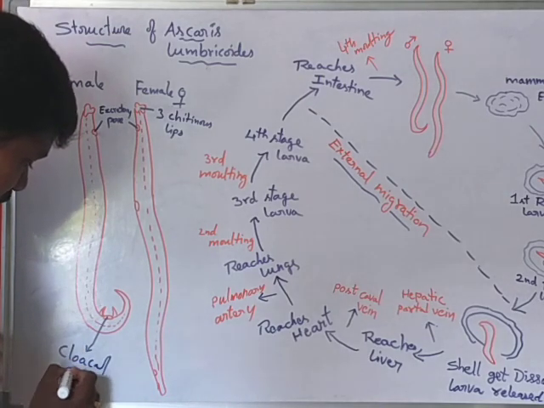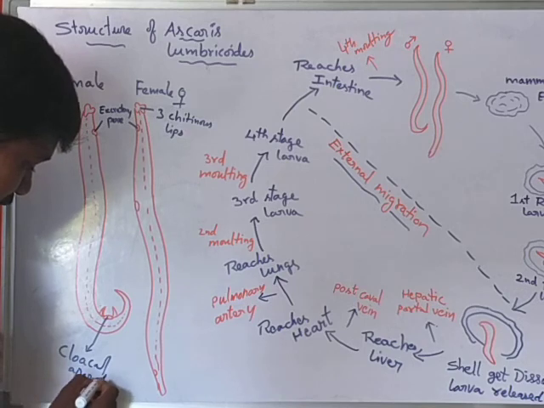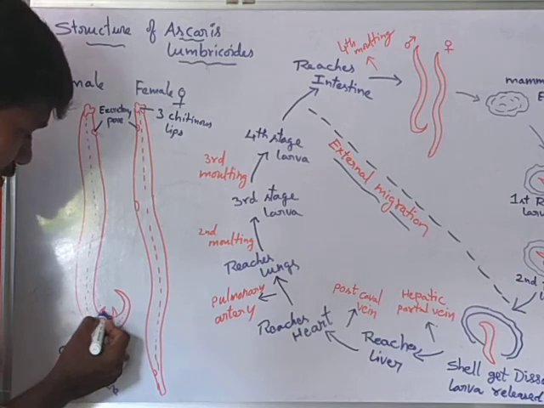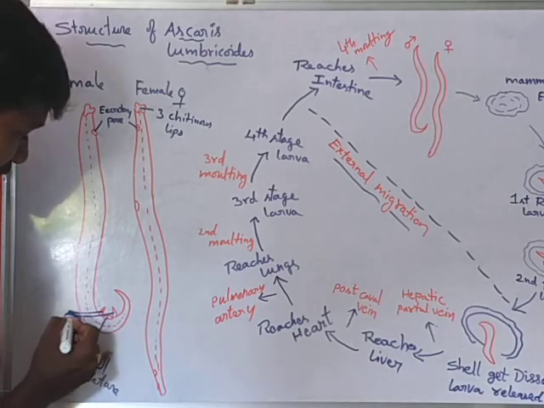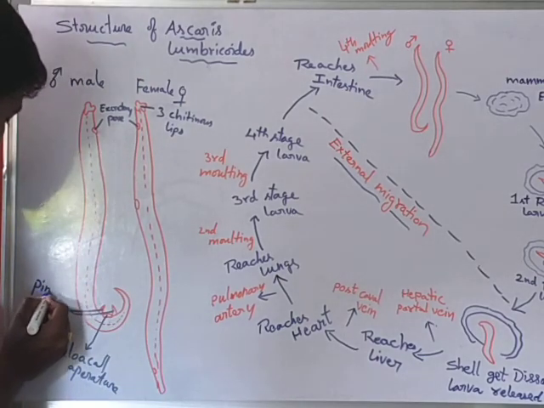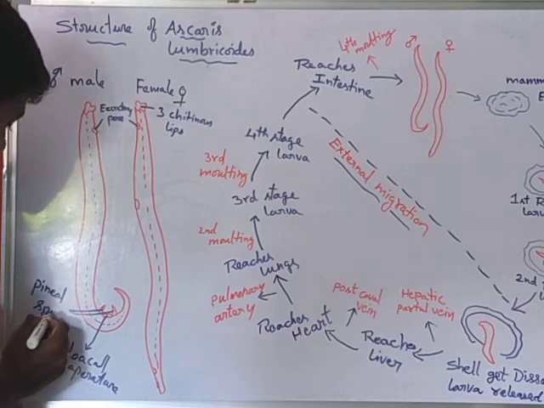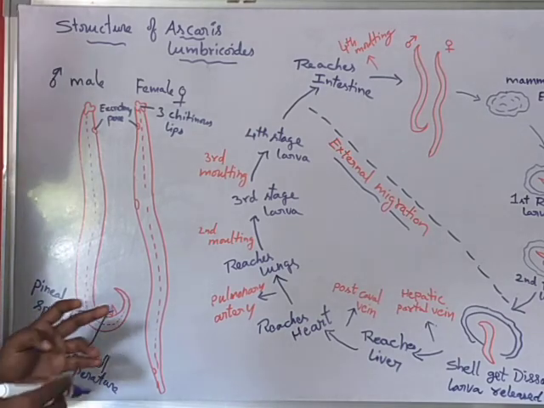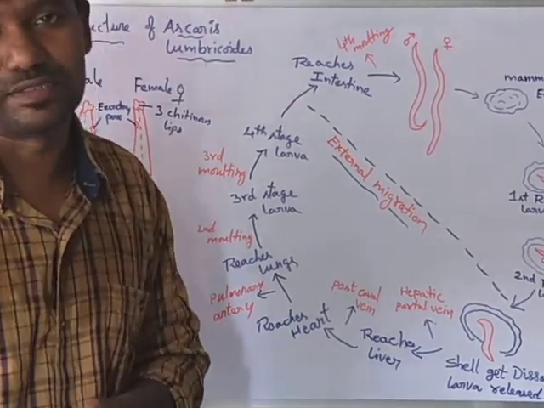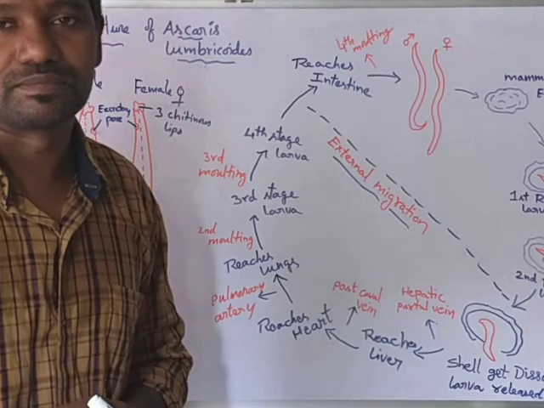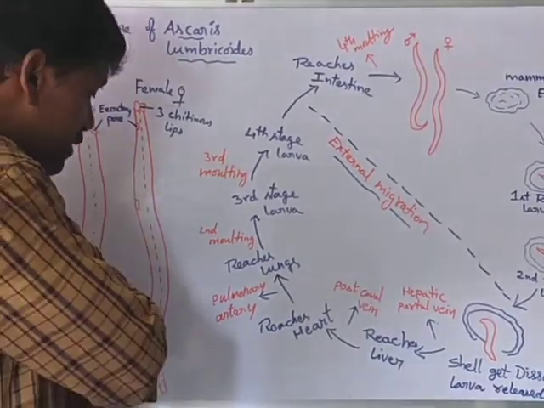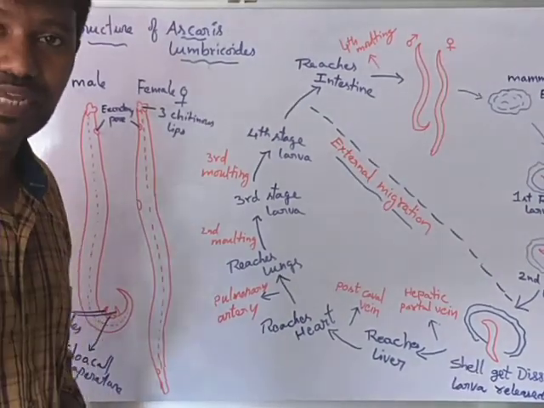Near the cloacal aperture there is a pair of penial spicules. These penial spicules help to transfer the sperm cells from male to female at the time of copulation.